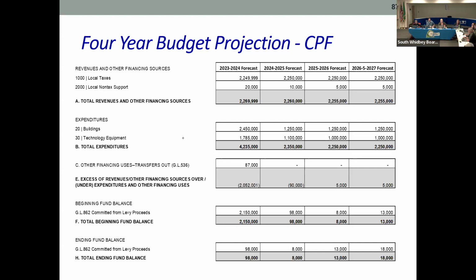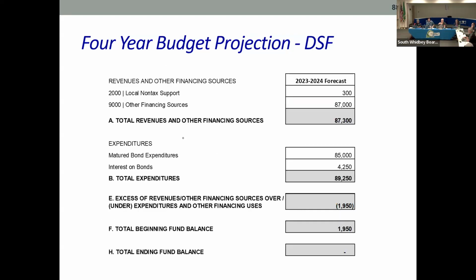So capital projects, just basically extrapolated the 2.25 million over the next 4 years, and we're going to spend whatever we receive. So, if the levy becomes larger or smaller or doesn't have one, we would adjust expenditures. So we're going to spend what we have.